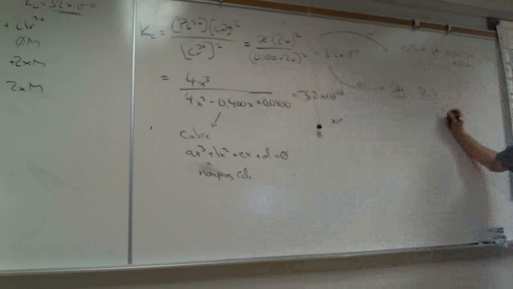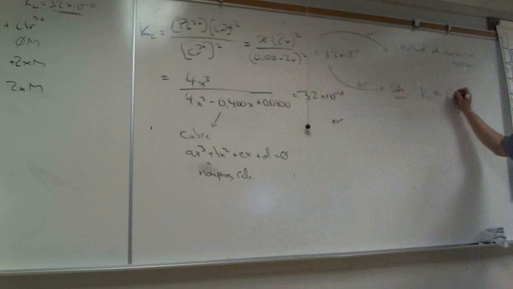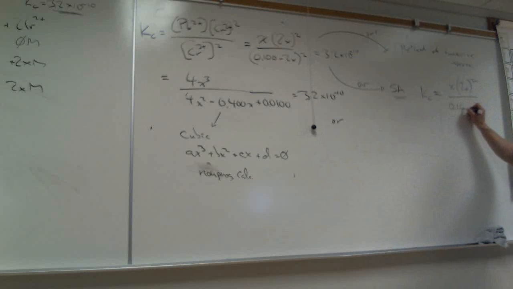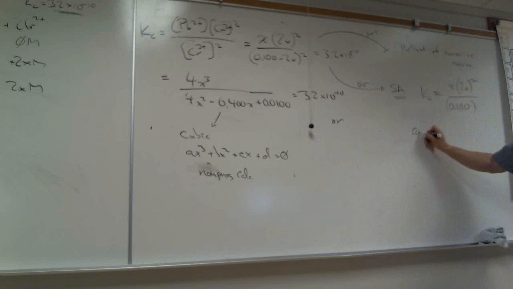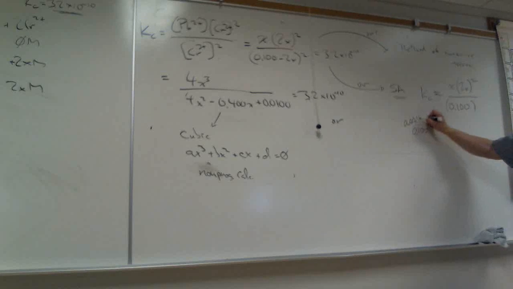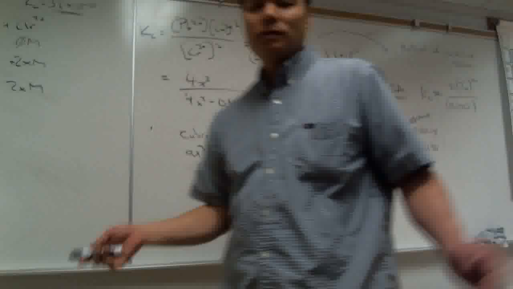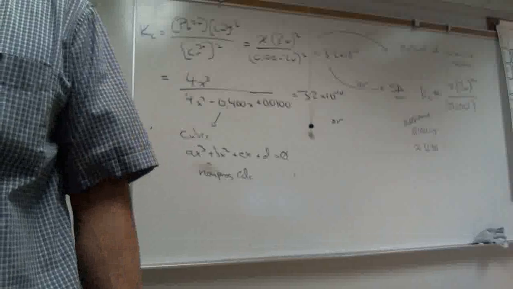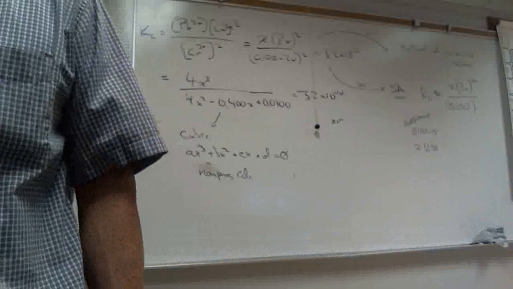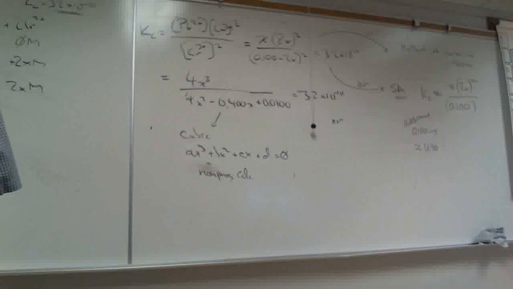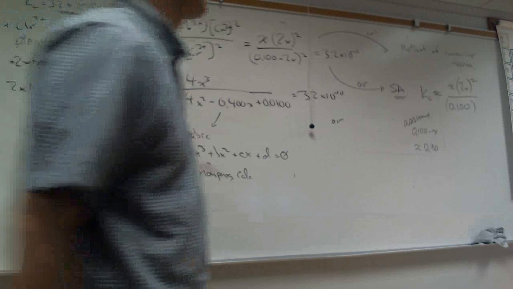And so Kc should be approximately x times 2x quantity squared divided by 0.100, assuming that 0.100 minus x is about equal to 0.100. And 0.100 is like an Olympic-sized swimming pool, and you just take one drop of water out of that. Is it going to be any impact? No, but how do you know how big the drop of water you're taking out? And so we have that circular justification for this, right? You still have to square the bottom. Yeah, we still have to square the bottom.